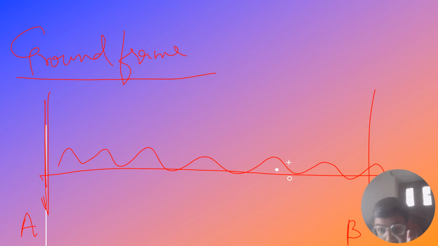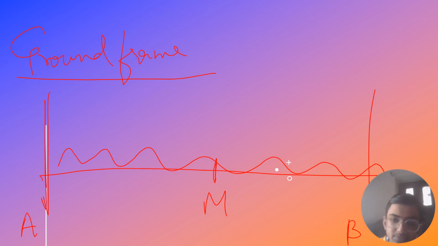Now there is a point we will assume in the midway, at the perpendicular bisector of this line, which bisects it into two equal halves. That particular point is called M, the midpoint.